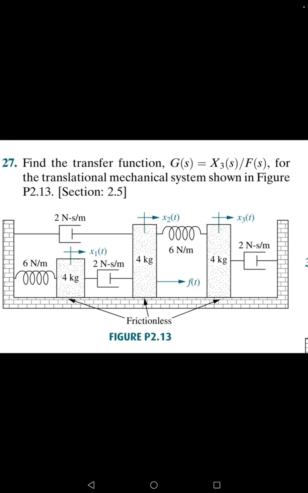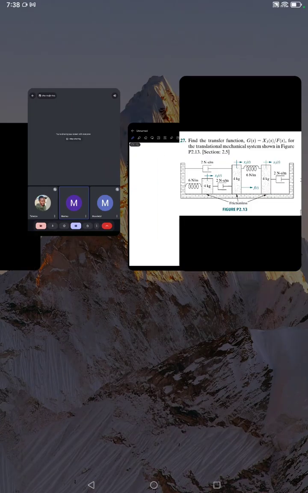After getting the equation of motion, we can introduce the Laplace transformation. So this is what we're going to do. Let's move forward. We are given that activity, I think it's number 27 from test 2 preparation.